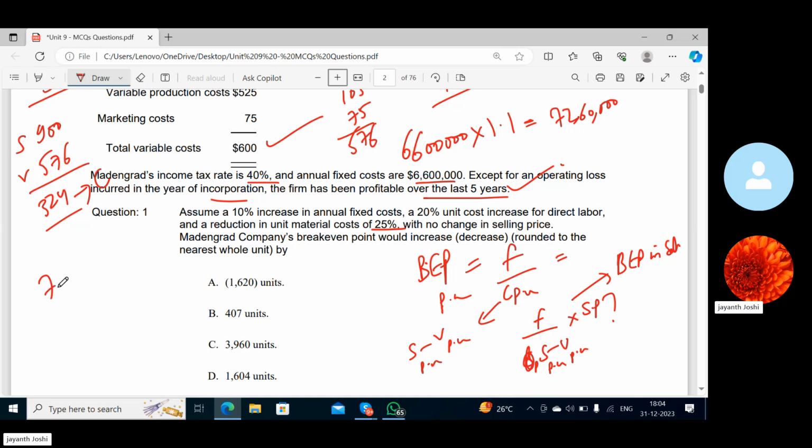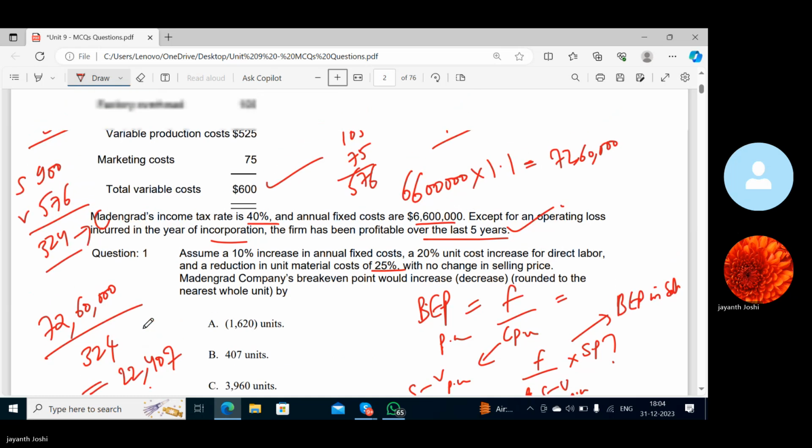So fixed cost by contribution. What's the break-even point in units? 22,407.4. Yeah, so we will keep it 22,407.